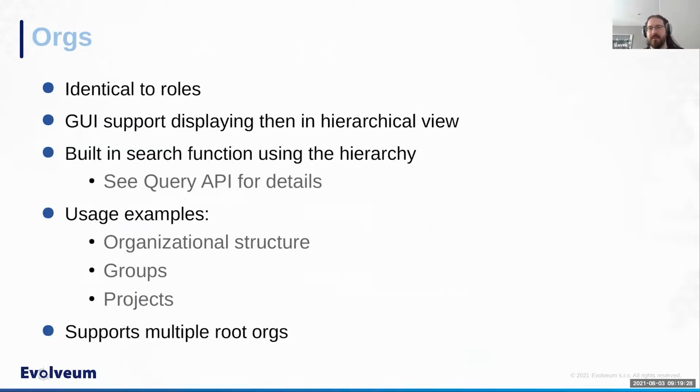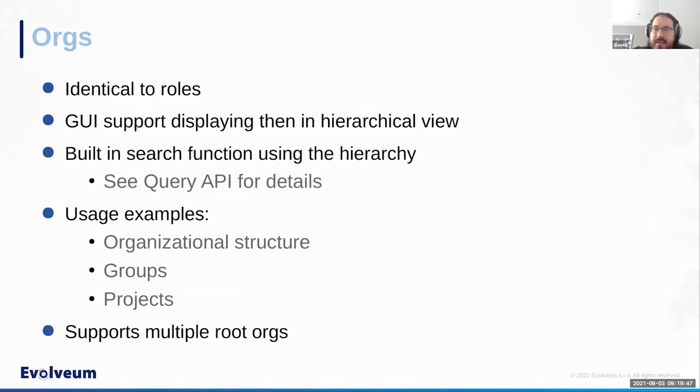Okay, so that we covered roles, meta-roles, and assignments and inducements, and I want to go to another objects because it's just another piece of the puzzle. So if we consider orgs objects, they are basically identical to roles.